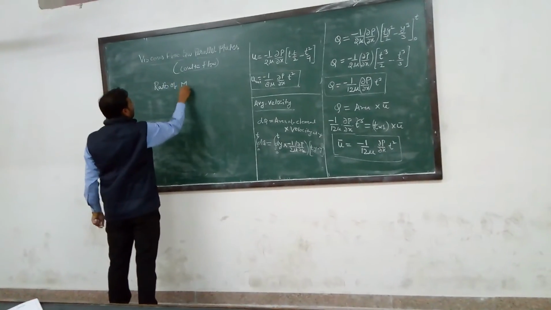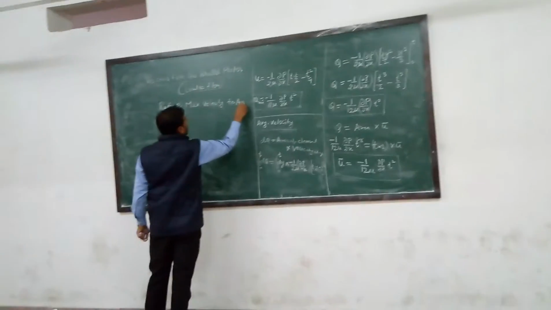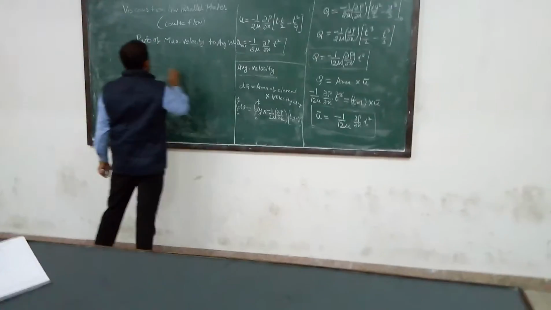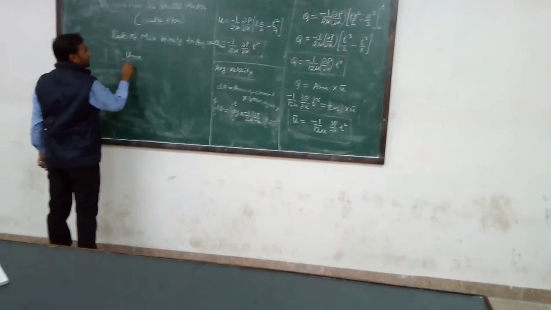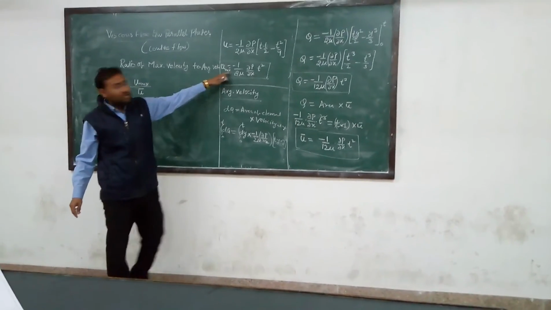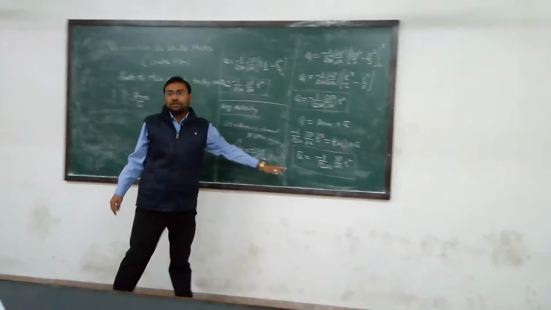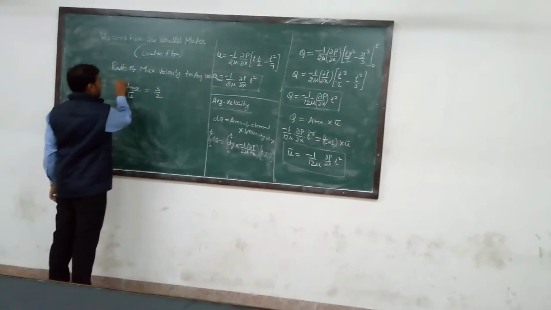So U max divided by U bar. U max from this and U bar from here. Just divide those, so you get 3/2.